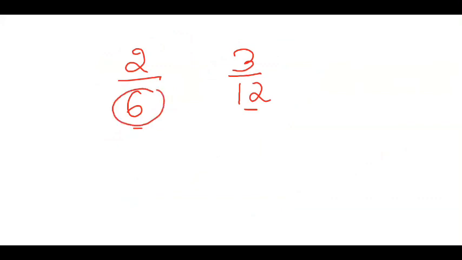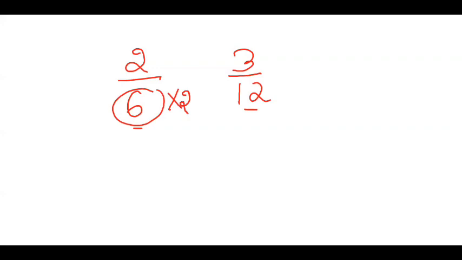Okay, Anis. If you have 2 over 6 and 3 over 12, what would you do? We check the denominators first. We can find 6 in the 12 table. So what do we do with it? No, beta, not 6 times 12.